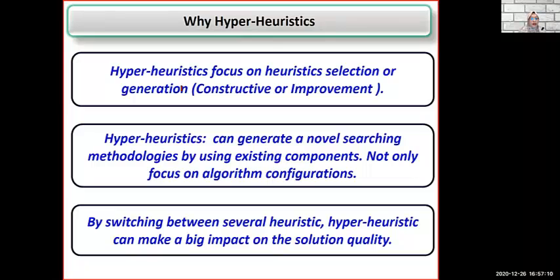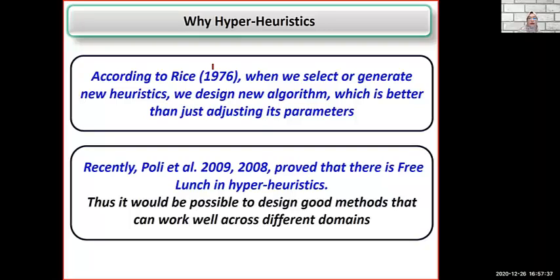By switching between several heuristics, hyper-heuristic can make a big impact on the solution quality. When we use a hyper-heuristic, we can automatically hybridize many meta-heuristic approaches in one framework. So in other words, we might say that hyper-heuristic is a hybrid heuristic.